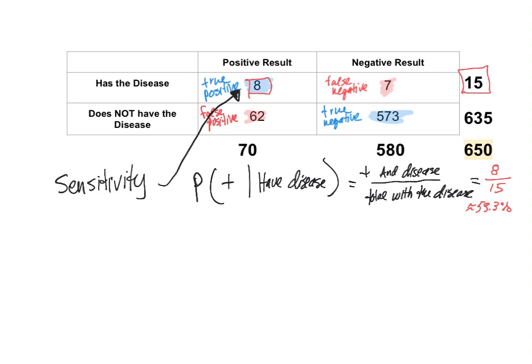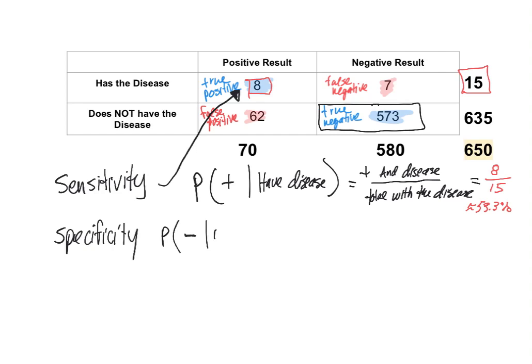What we want to look at next is called the specificity. Let me just write that out, specificity. And with the specificity, we're going to look at those that have a true negative. In other words, what's the probability of the test identifying someone with a negative test result if they actually are negative, so they don't have the disease?